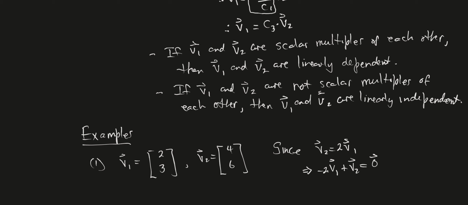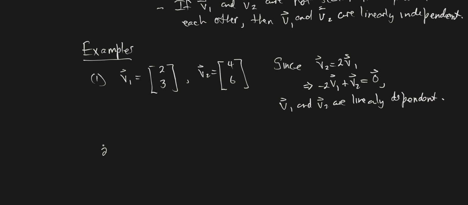If I multiply the first vector by negative 2 and add the second vector, then I'm guaranteed to get the zero vector. So since V1 and V2 are linearly dependent, once you recognize that they are scalar multiples of each other, there is a non-trivial way of combining them to get the zero vector, right?